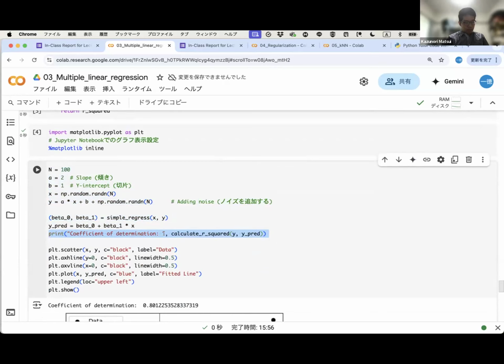Specifically, it estimates parameters using simple regression, calculates the predicted values from the explanatory variable using these estimated parameters, and then calculates the coefficient of determination using these predicted values and the actual values.